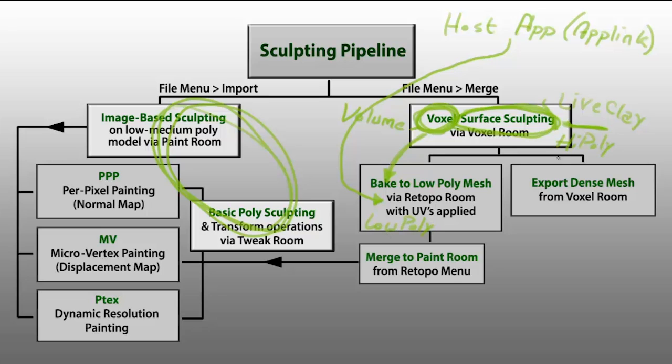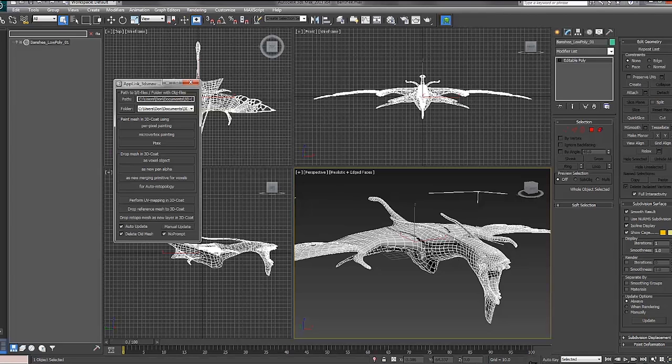The reason why this is important to have both in the application is because there is a relatively new feature in 3D Coat that can save you a ton of time. And how that works is, let's say you have your low polygon mesh here and you get to sculpting on it in the voxel room, and you don't yet have your retopologized mesh sent to the retopo room and all that. What if while I'm sculpting, I wanted to make some large-scale edits?